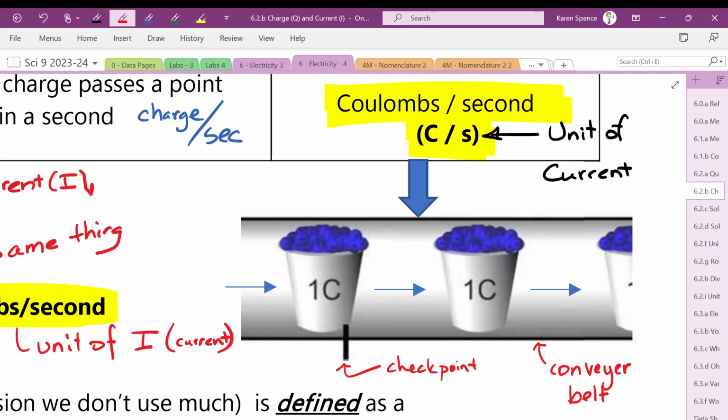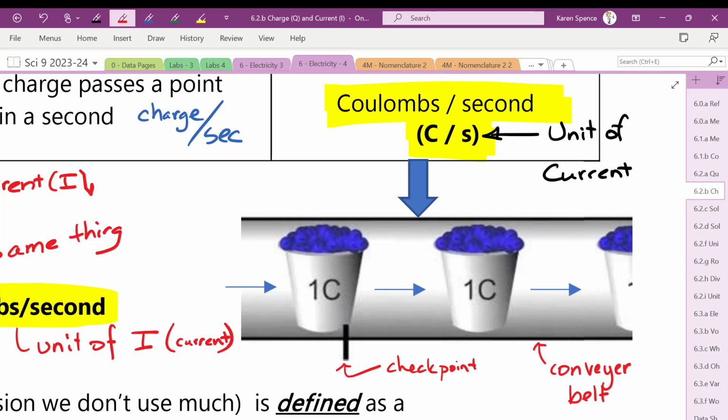You'll get it. Just go home, practice a little bit. It'll come. Now, there's somebody standing beside this conveyor belt, and every time a bucket of electrons goes by, they count. 1, 2, 3, 4 buckets of electrons. And if that took place in 1 second, that would be 4 coulombs per second.